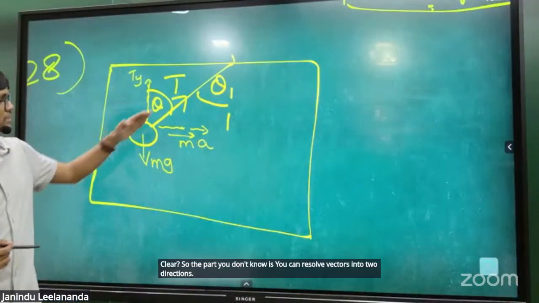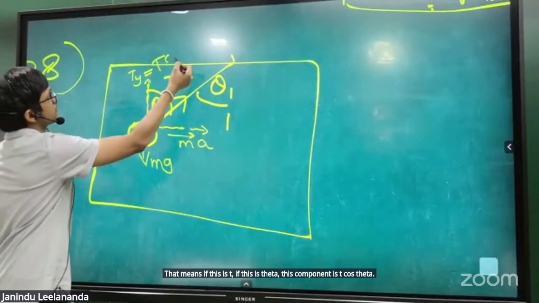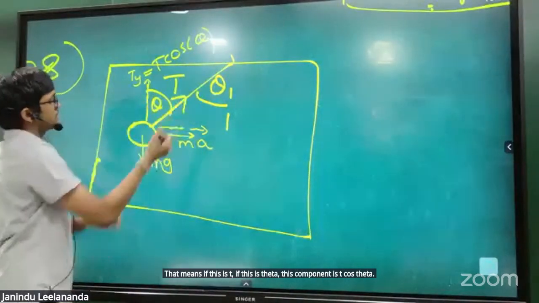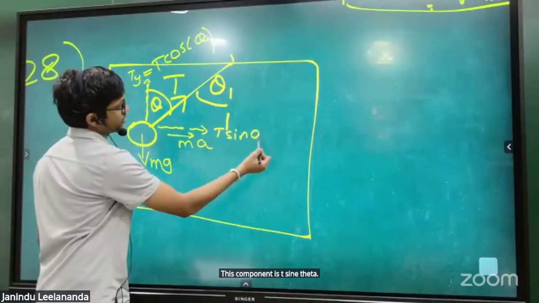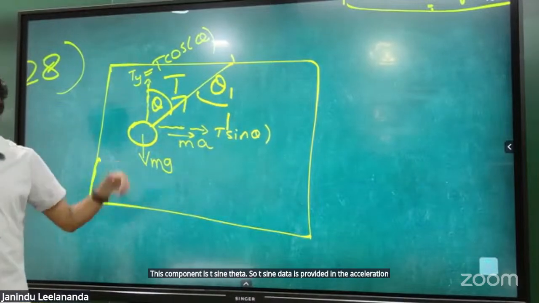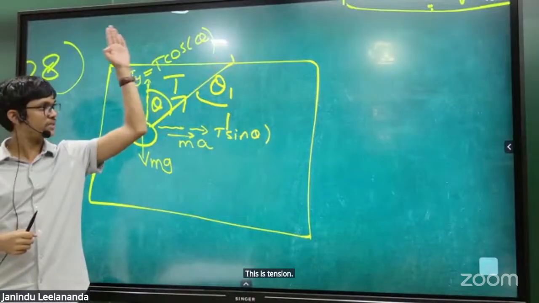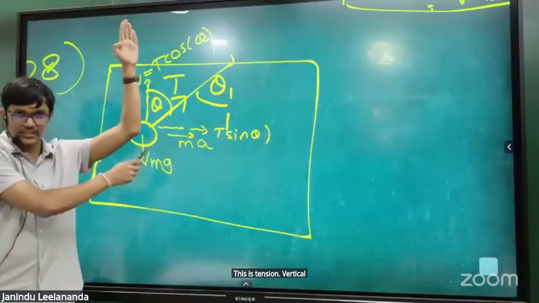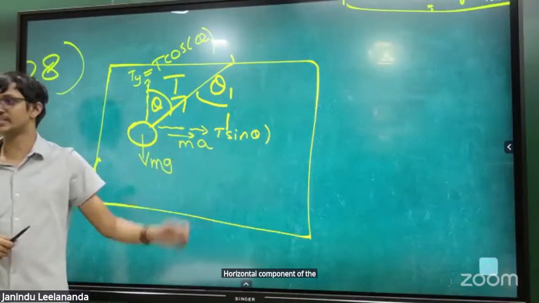If this is T and this is theta, this component is T cos theta and this component is T sin theta. So T sin theta is providing the acceleration, T cos theta is balancing the weight. The vertical component of the tension balances the weight, and the horizontal component provides the acceleration.